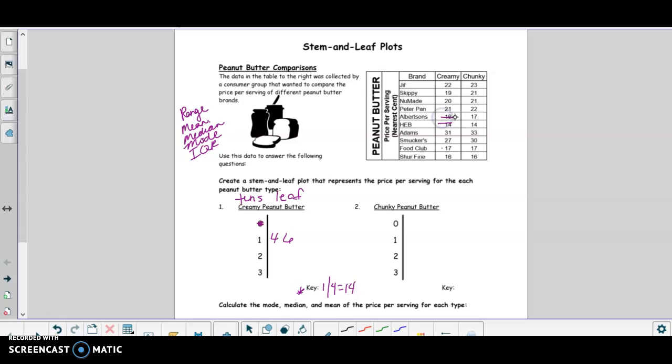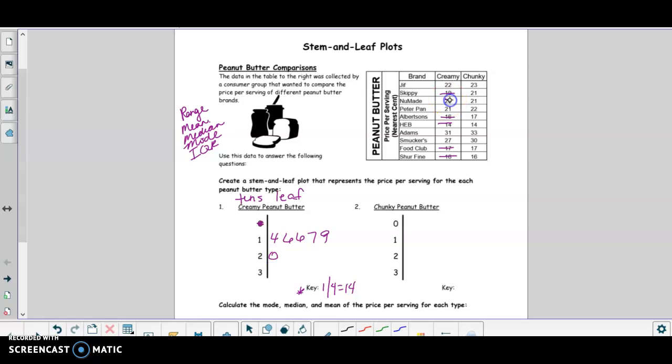For the 16, I have two 16s, so I'm going to write two 6s. I need to represent both of them. 7 for 17, and then I'm going to write a 9 for 19 because I can see that in my first 5 numbers, they are 14, 16, 16, 17, and 19 because you're taking that stem and putting it with that leaf each time.